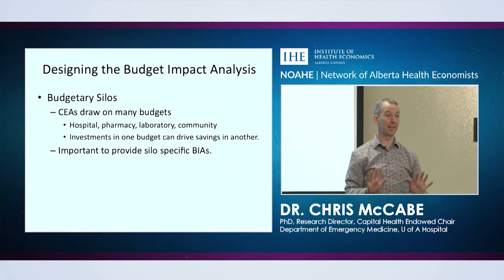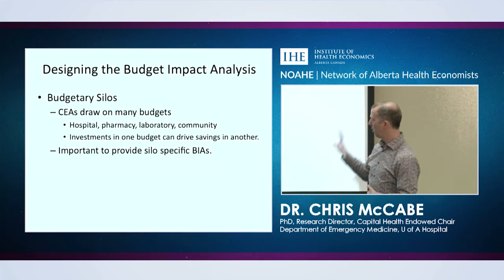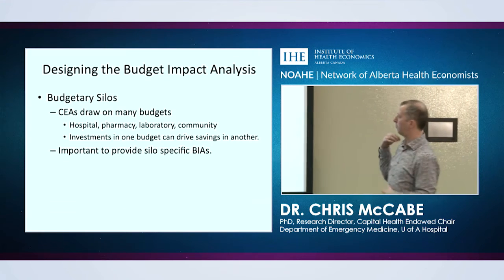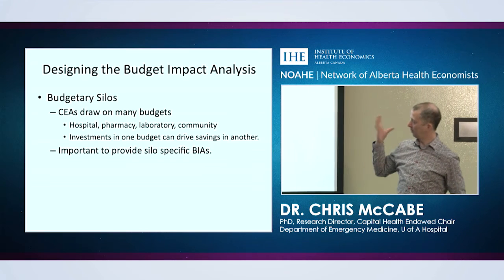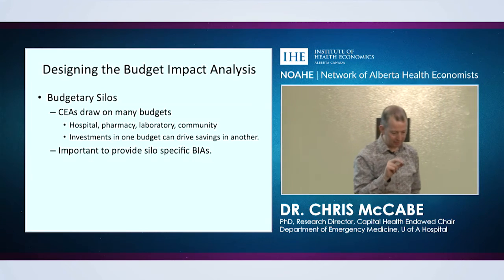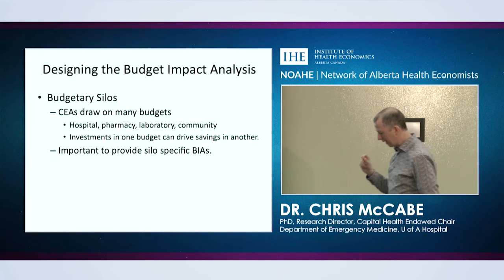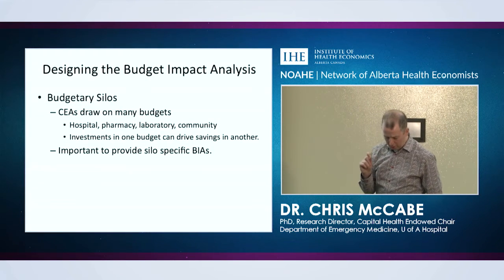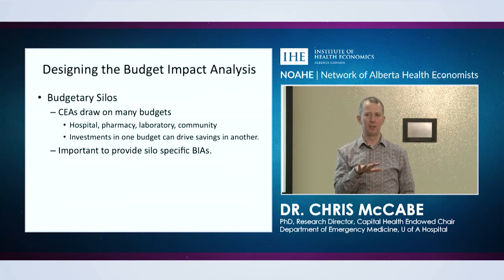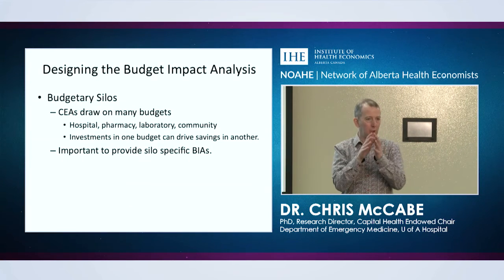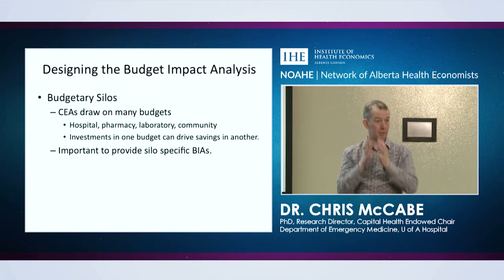But if we don't know where they are, then we can't reallocate them. So budgetary silos is going to be a big issue. And I think this is one of the places where I diverge from the ISPOR guideline. The ISPOR guideline says you should construct your budget impact analysis so that whichever budget holder you're speaking to can pull out just what's happening to them.